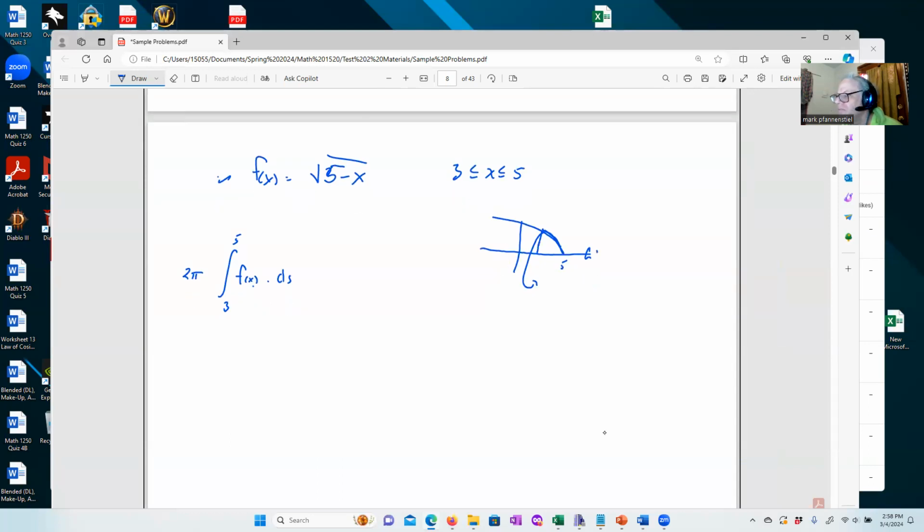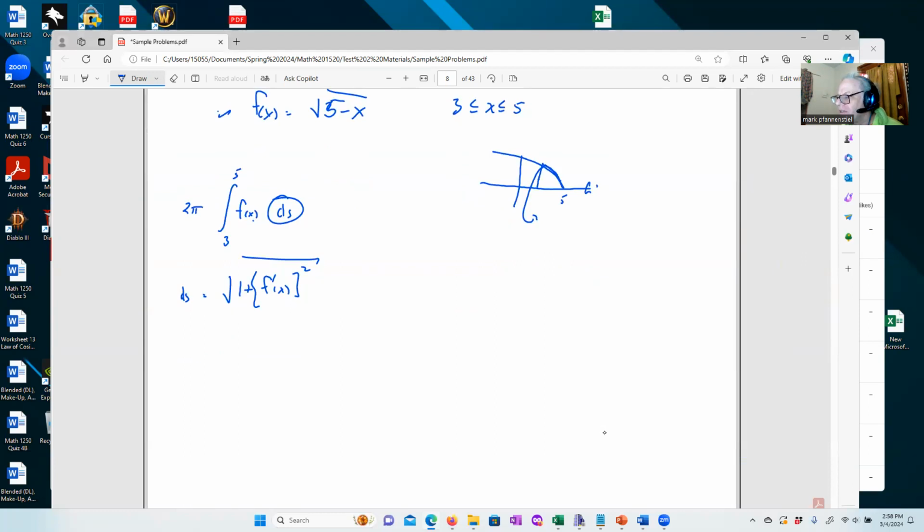Okay. So some things we have to deal with is figure out what the heck is ds. ds, again, from the last couple is the square root of 1 plus f prime x squared. We have to sort that out. So we're going to have f of x equals, I'm going to write it in calculus, 5 minus x to the 1/2 power.